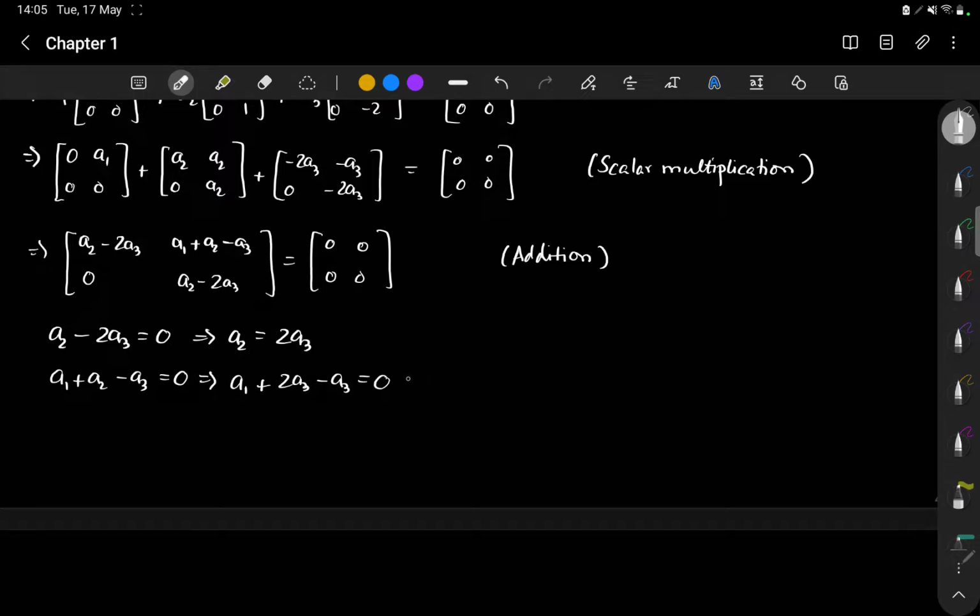So then what do we get? We get A1 plus A3 equal to 0, which implies A1 equal to minus A3. So what are the conditions that we are getting? Let us just write all the conditions that we have got.